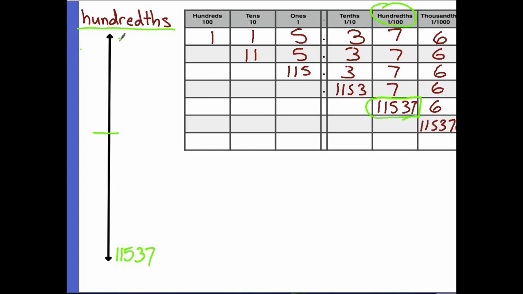This is a number we're looking at, right? Well, we already know we have 11,537. But now we have to look at this right here to see if it's going to move us up any.